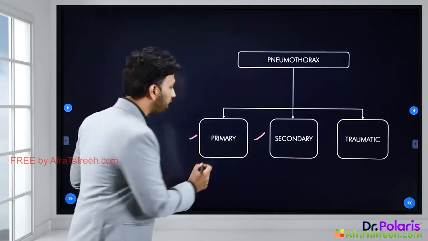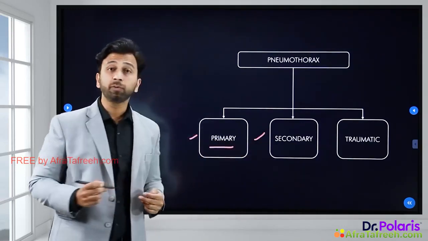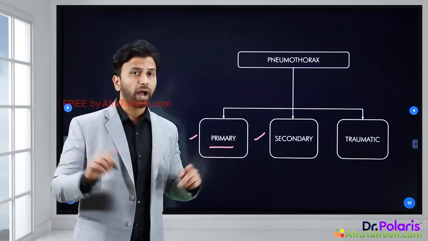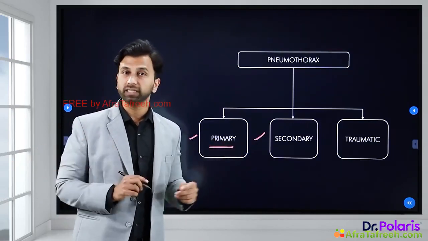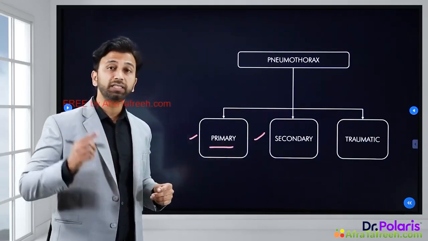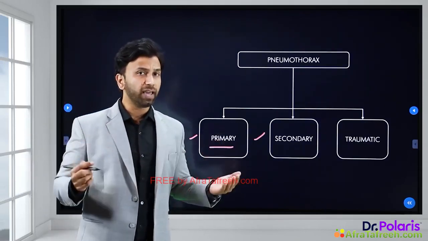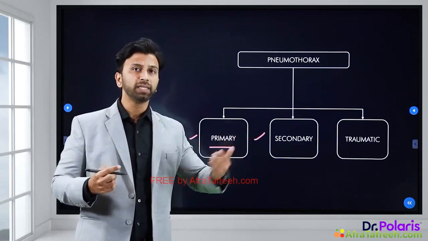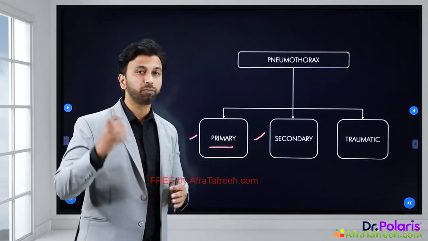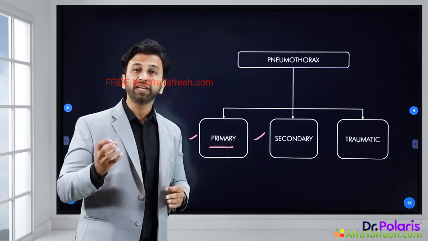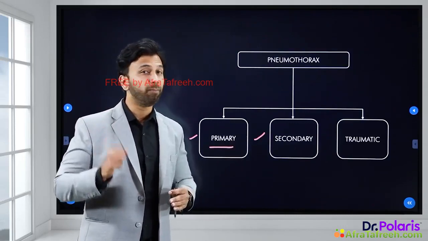Now, primary spontaneous is an occurrence of pneumothorax in an individual who has no history of lung disease. Now, these individuals are usually tall and thin built. Here, the escape of air from the alveoli into the pleura is usually because of a rupture of small subpleural emphysematous bullae or subpleural bleb.